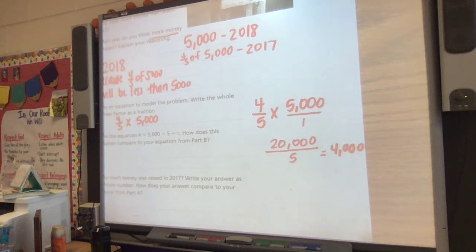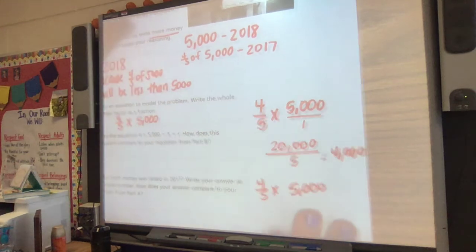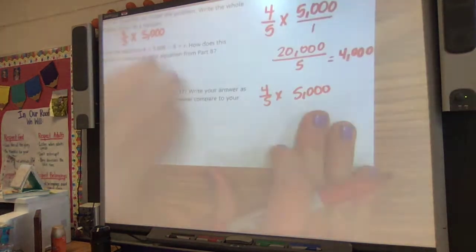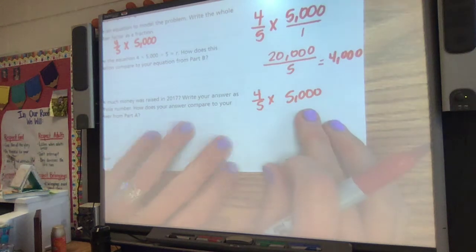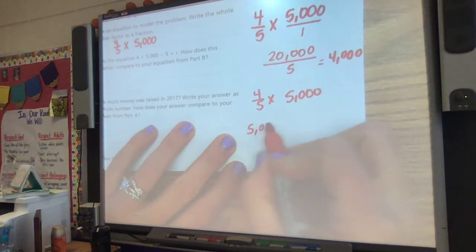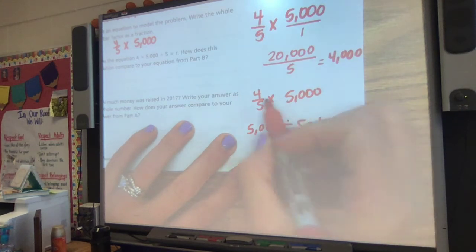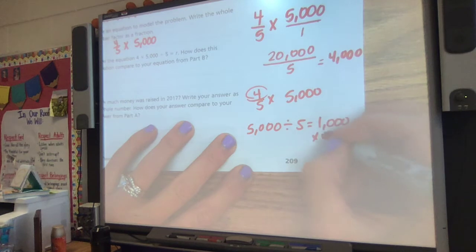Another way that I do this is I look at it and I say, okay, I know a fraction is a division problem. I've got 5,000. My fraction tells me I divided that in 5 parts. I know that's 1,000. I have 4 of those parts. That's 4,000.